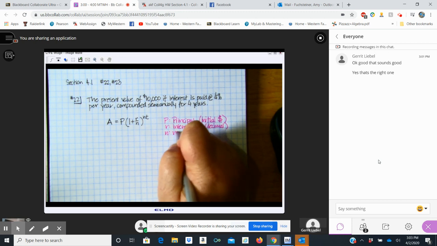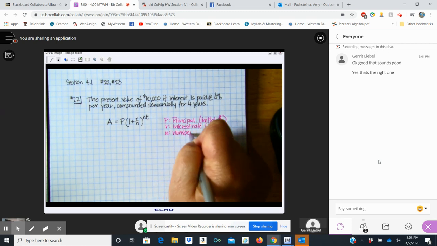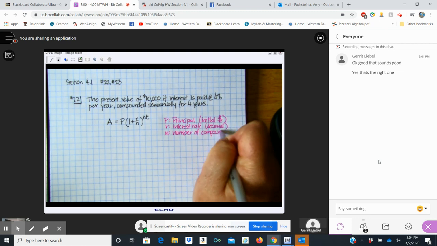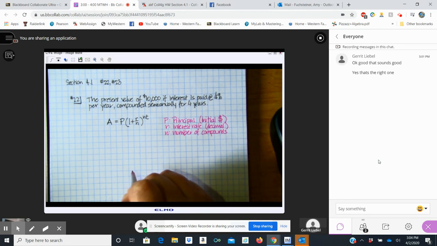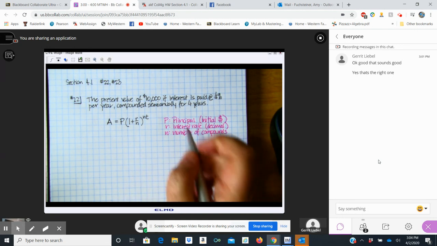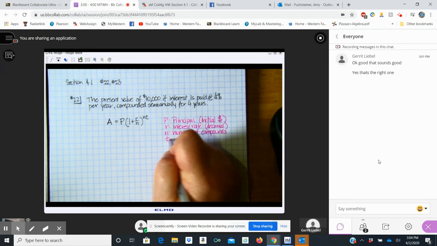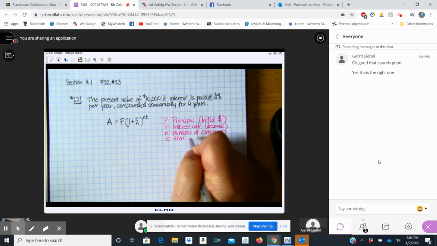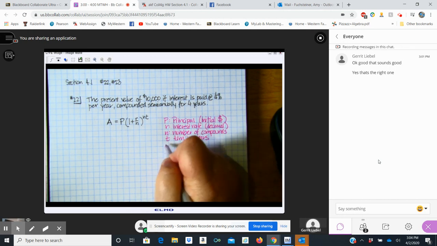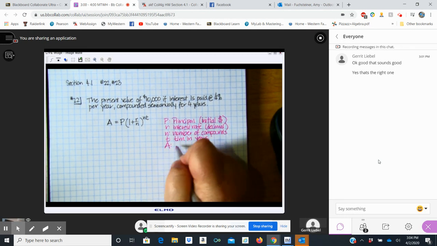N is the number of compounds. This is how many times in 1 year the interest is figured. T is your time in years. A is your total amount.